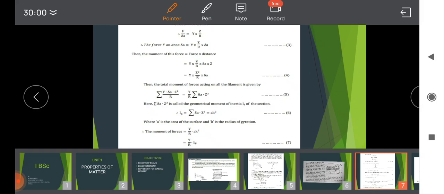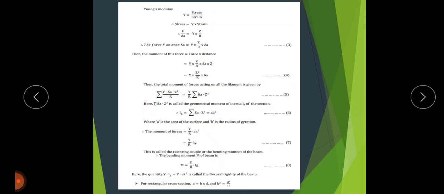Here the summation of delta A into Z square is known as the geometrical moment of inertia, Ig, of the section.